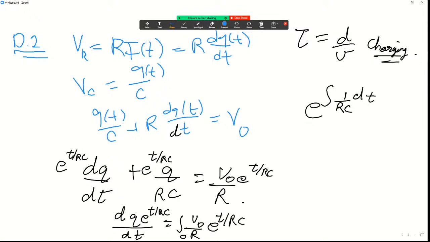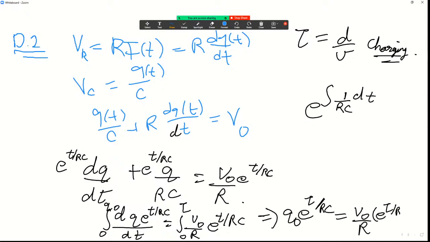Integrating from 0 to tau, and q from 0 to q naught, we get q naught e to the power tau by RC equals V naught by R times e to the power tau by RC minus 1. So q naught equals V naught by R times 1 minus e to the power minus tau by RC.